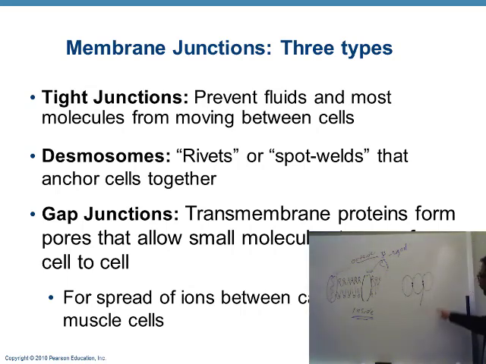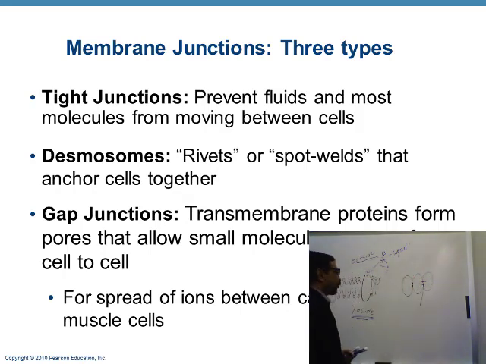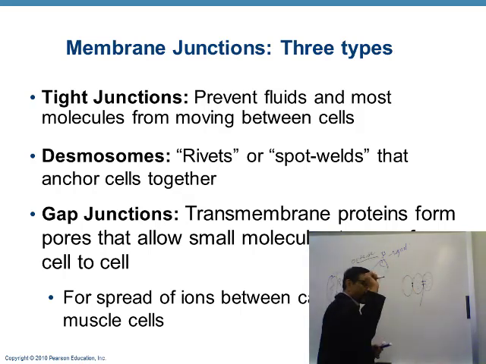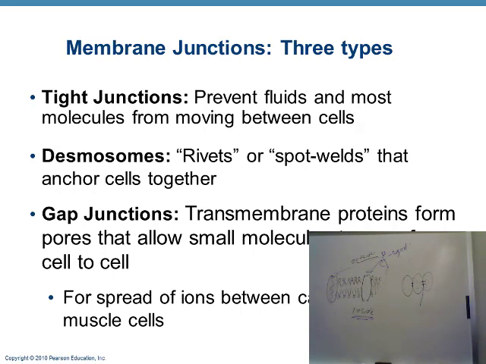So inside the cell you have the fluid and chemicals. The tight junction doesn't allow the fluid or molecules to easily pass through. Only very small molecules and a small amount of fluid can pass through the tight junctions. So very tight.